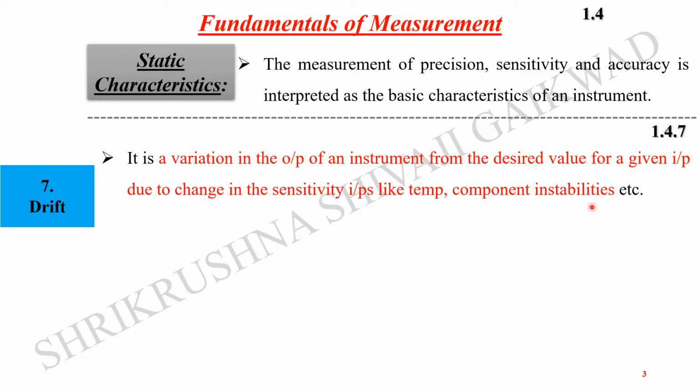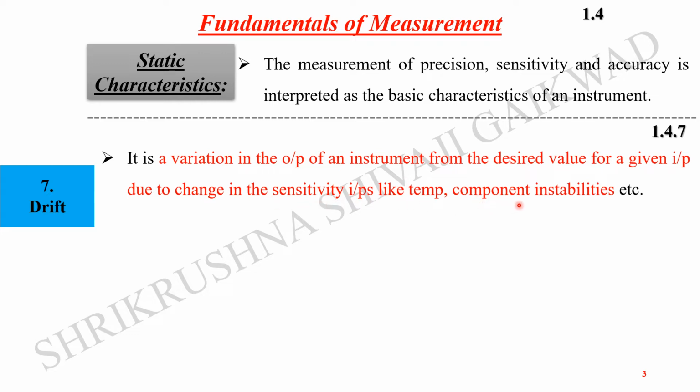Means over a period of time, due to the aging effect, when we turn on the system, some parts get heated up, so the temperature reduces the sensitivity of the instrument.